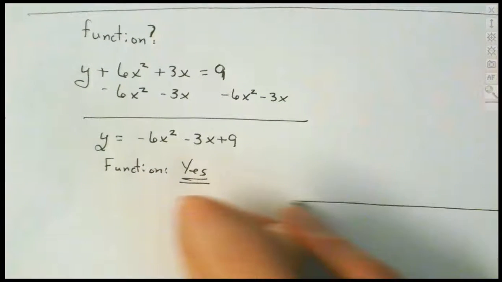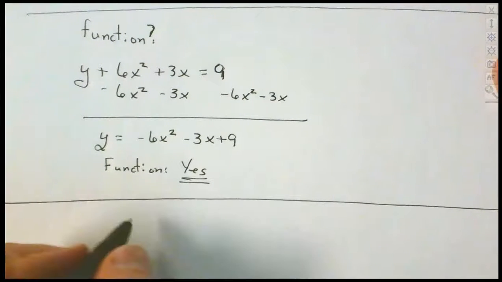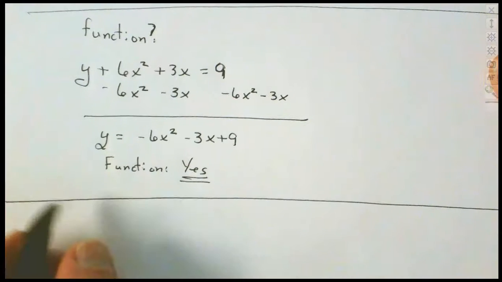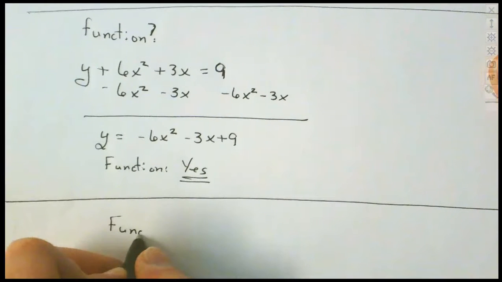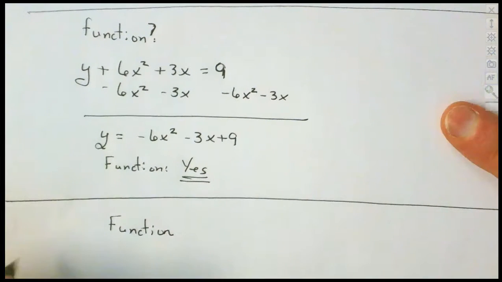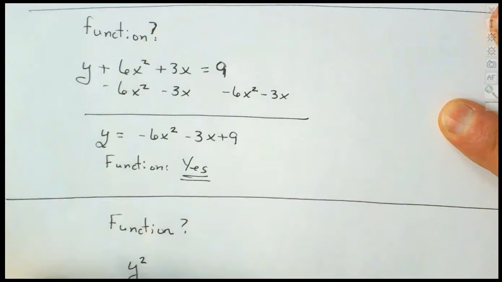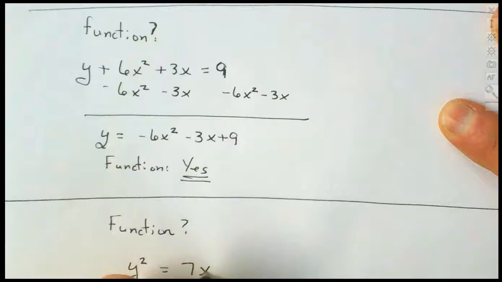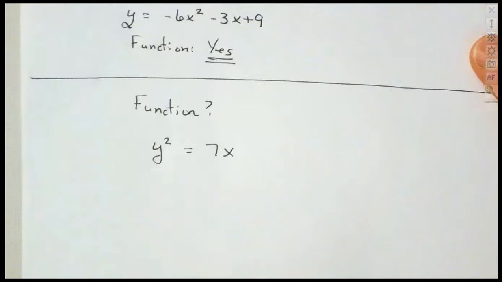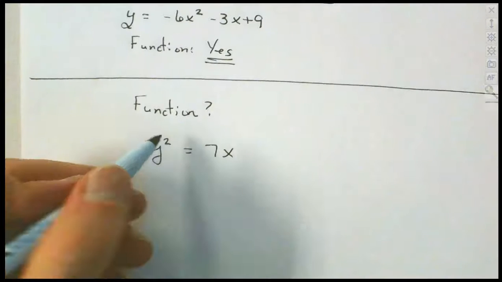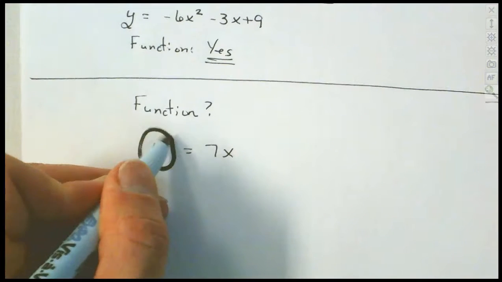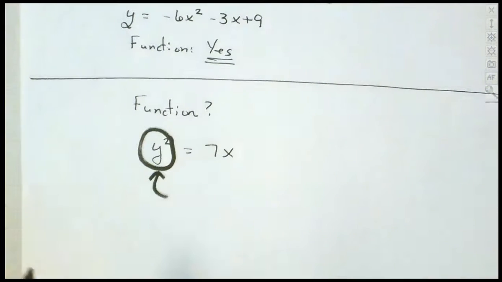Here's an example of one that is not a function. This one is not a function. Why is it not a function? We have to be able to get y by itself. This is not a function because of the y squared. So for it to be a function, it has to be y, not y squared.